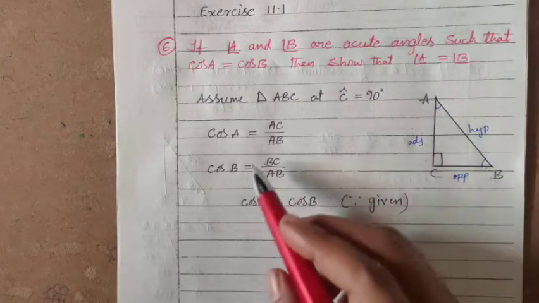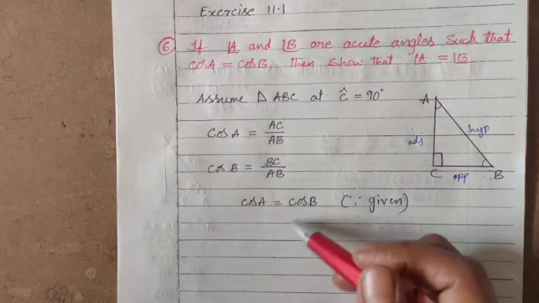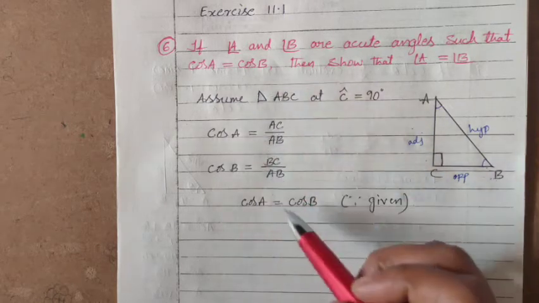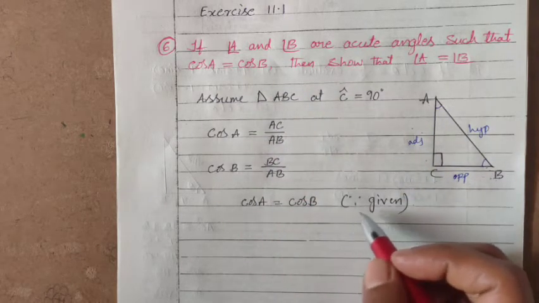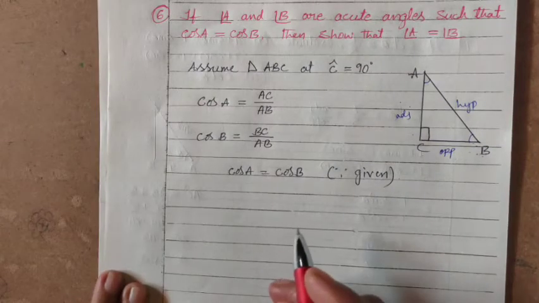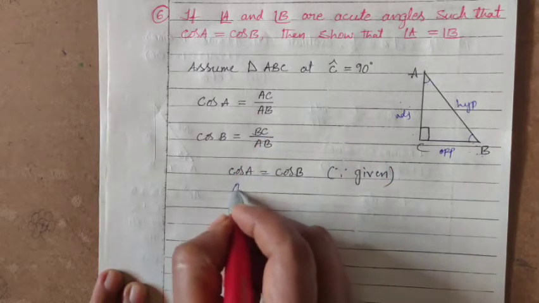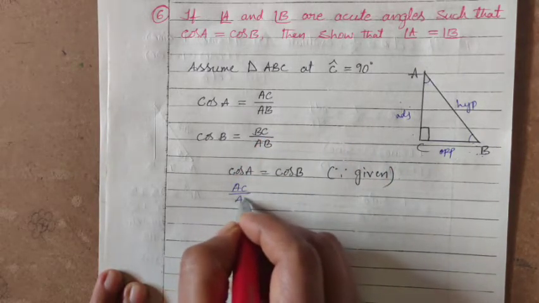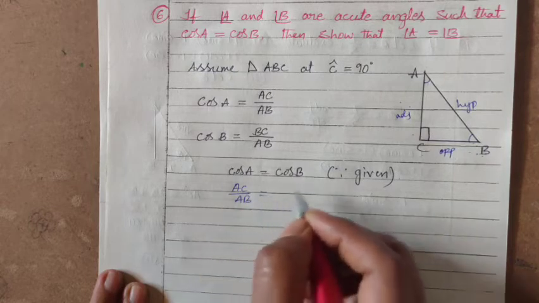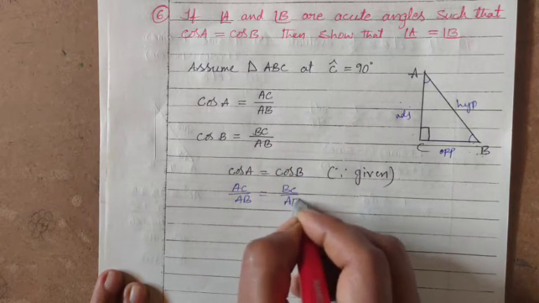Now let us take cos A equal to cos B, that is what is given. Substitute cos A equal to AC divided by AB, equals cos B equal to BC divided by AB.